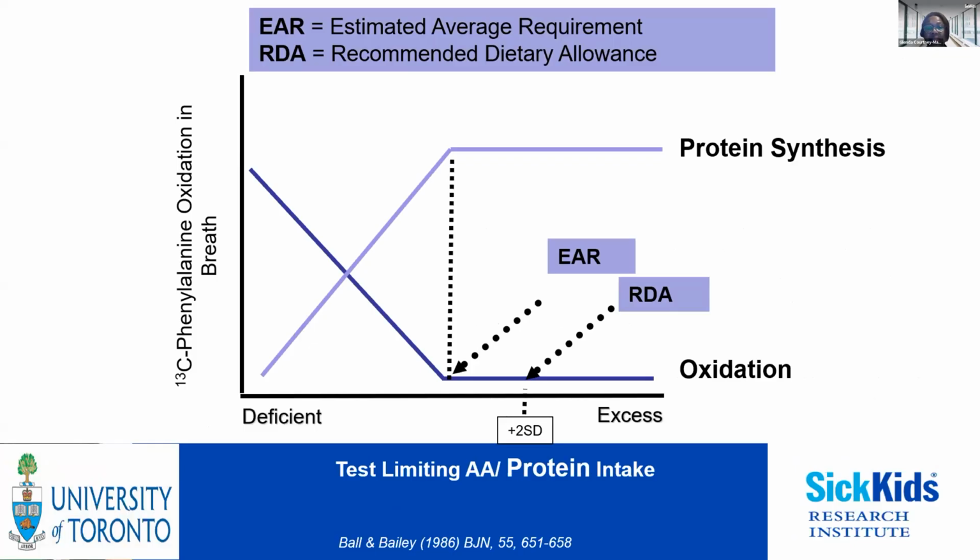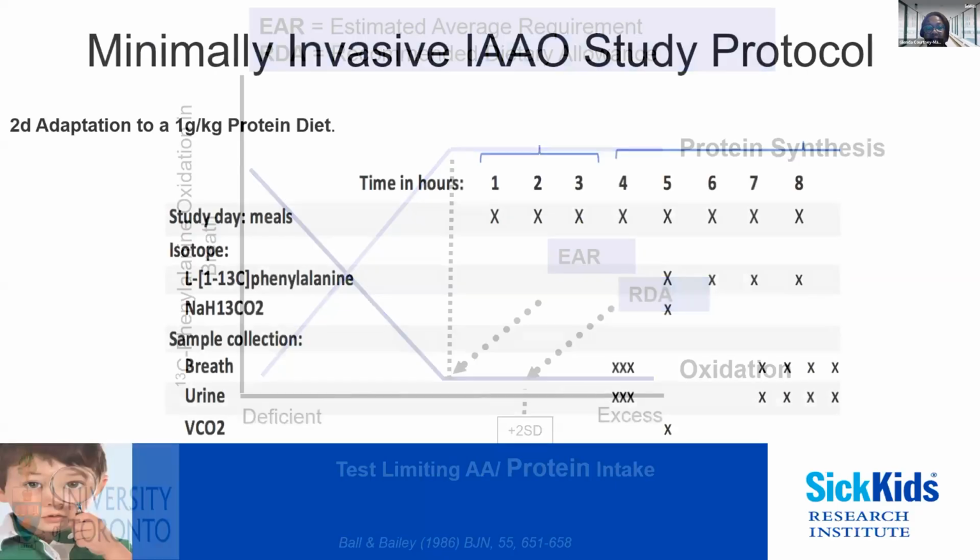They found that as they increased the intake of protein or amino acid, the retention of the indicator, the 13C phenylalanine, 14C at the time, in the livers of pigs decreased until there was a point whereby further increases in the amino acid or the protein produced no further retention of the indicator amino acid.